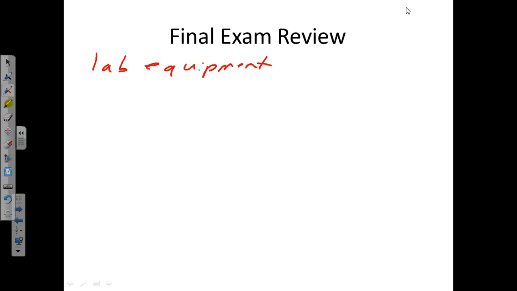Graduated cylinder. If we use the little beaker-like containers that have the slender neck on them that you can put a stopper in, what's called Erlenmeyer flasks. There's lots of other things we could use, but those are the three main things that might show up on the test.